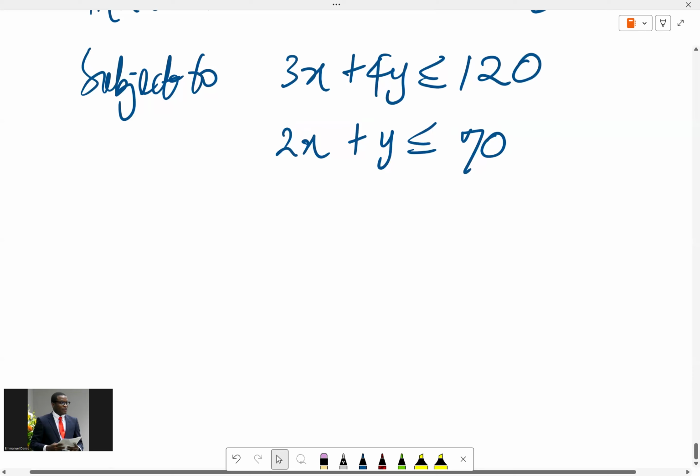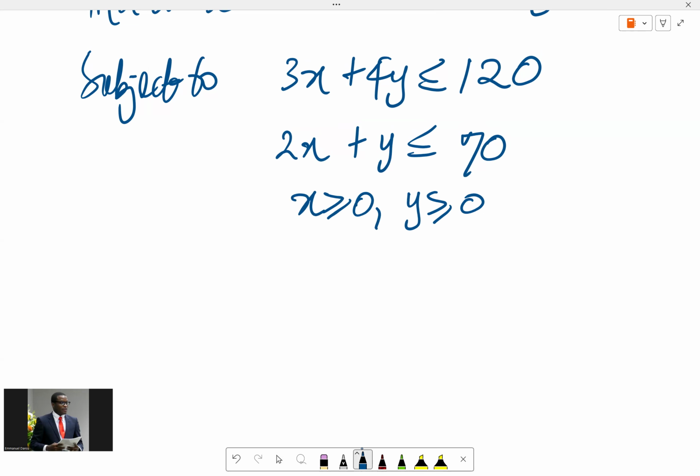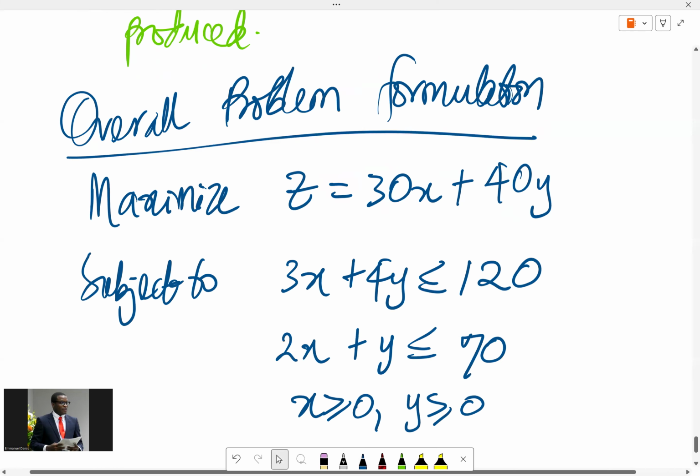And the third constraint, which we can always take for granted, is that in a production process you cannot have negative production. So x and y have to be greater than or equal to 0. And with that, we formulated the problem.